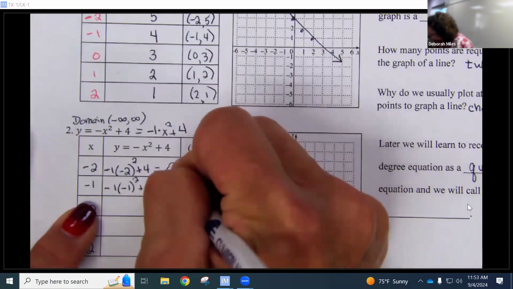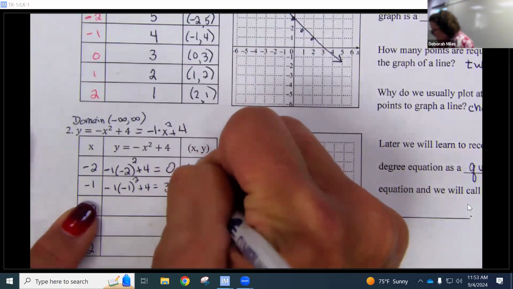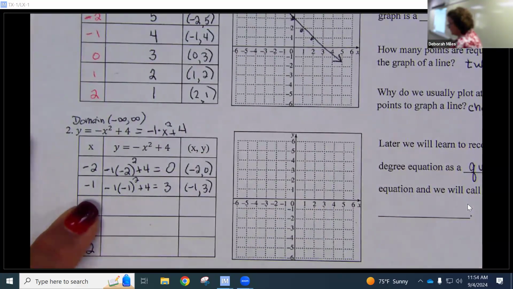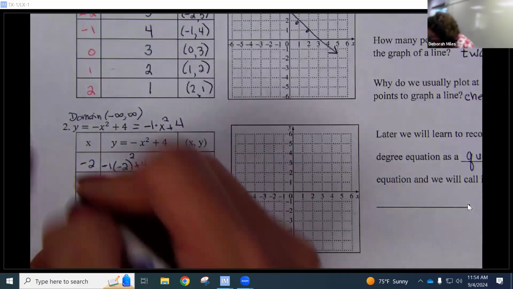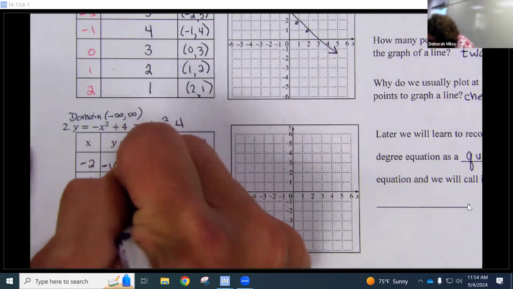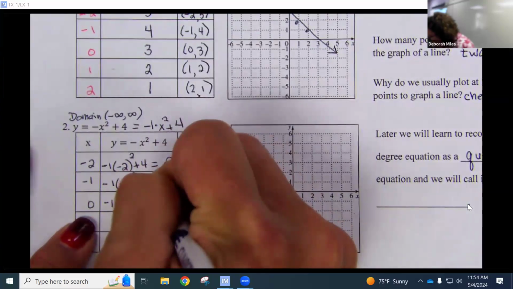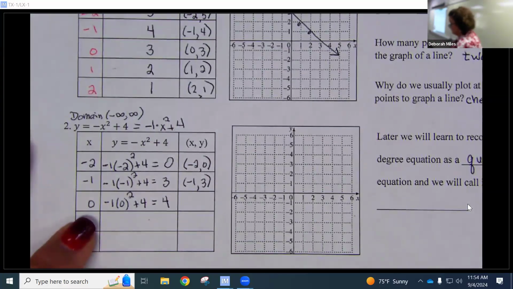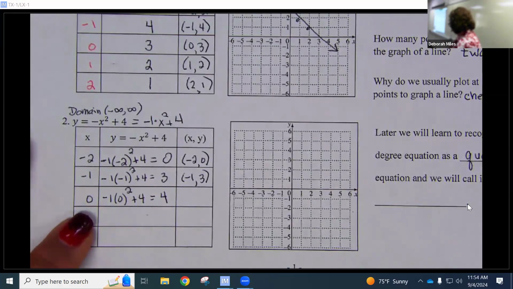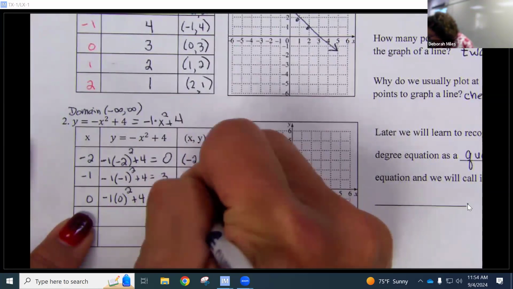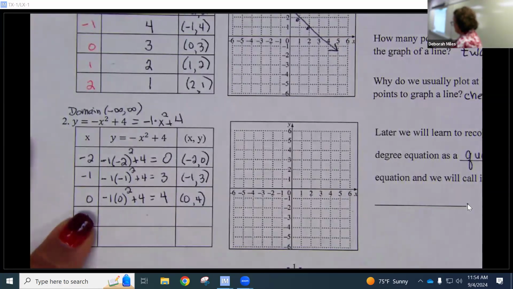So the ordered pair -1, 3 is a solution to that equation, and it's a point on the graph. If you let x be 0, you get y equals 4. So the ordered pair 0, 4 is on the graph.